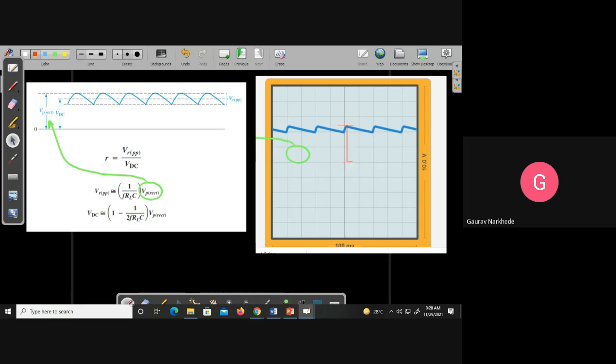Can you calculate this distance? 1 unit corresponds to? So can I say this is nothing but this value, right? This is the same value, right? Correct?